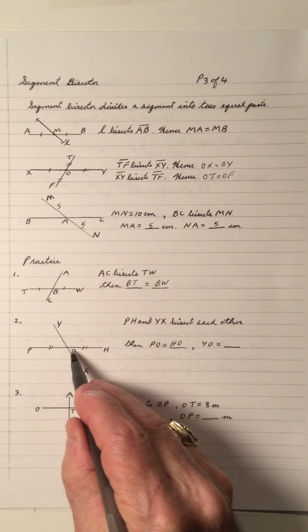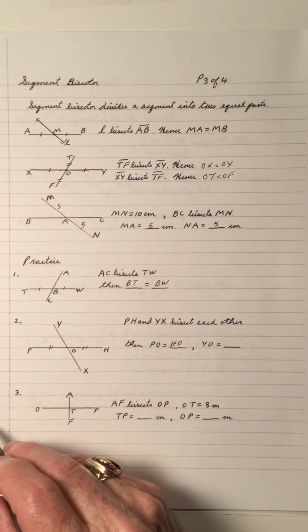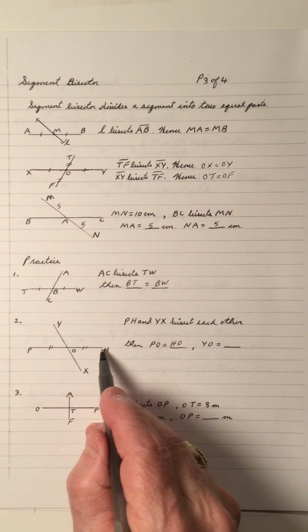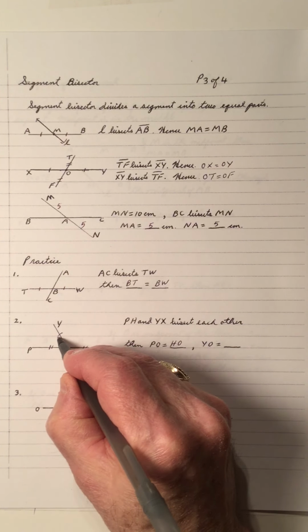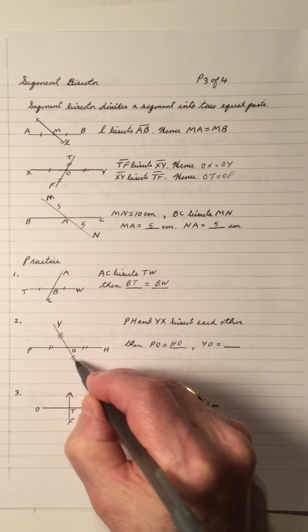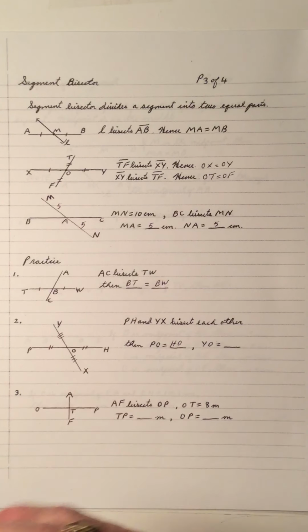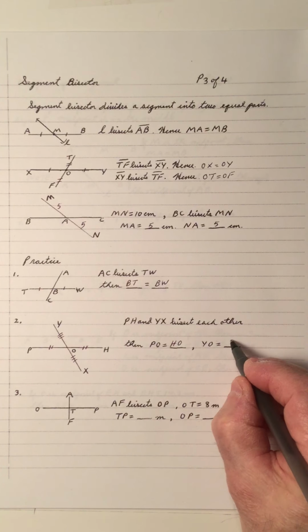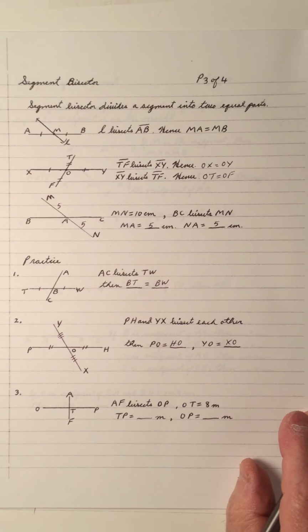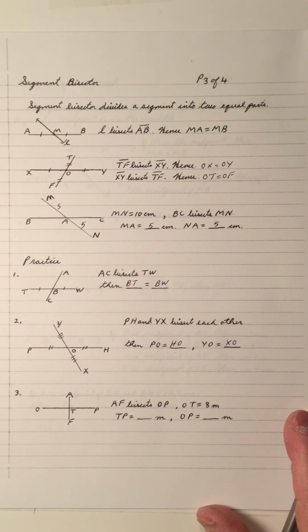Now you can say HO or OH, it makes no difference. So if PH bisects YX, that means that I'm going to use 3 strokes this time. Doesn't make any difference. You use 1 stroke, 2 strokes, 4 strokes. So YO equals XO because they bisect each other. They cut each other in half.